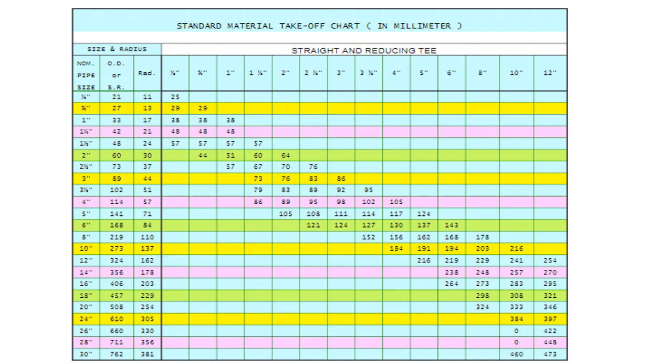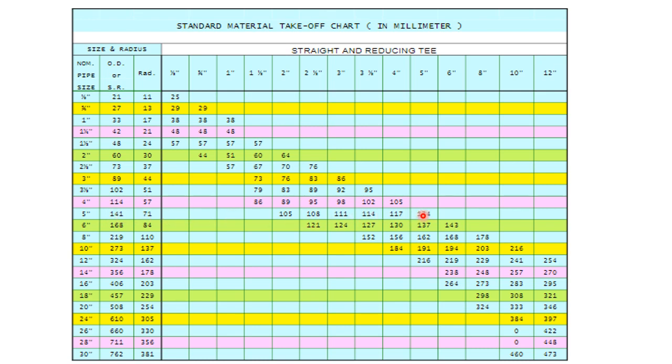Here this is a chart for straight and reducing tee. You can see the sizes: we have 4 inch, 6 inch, 8 inch, 10 inch.